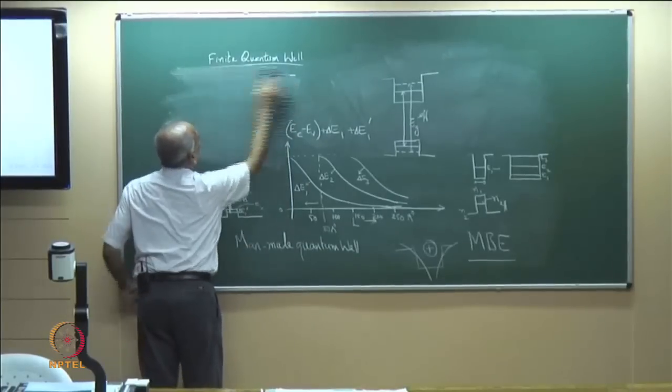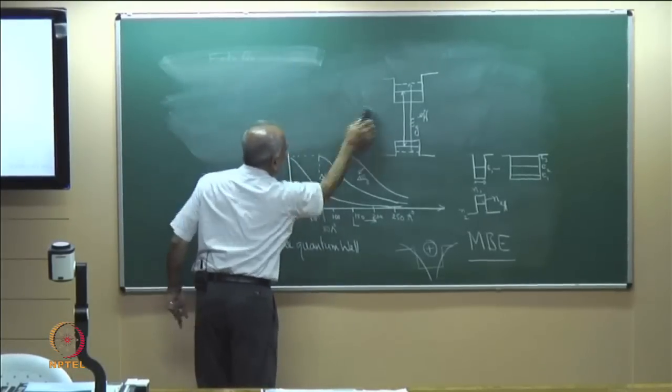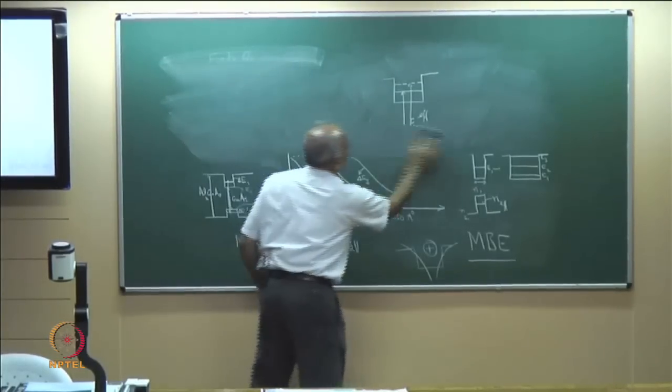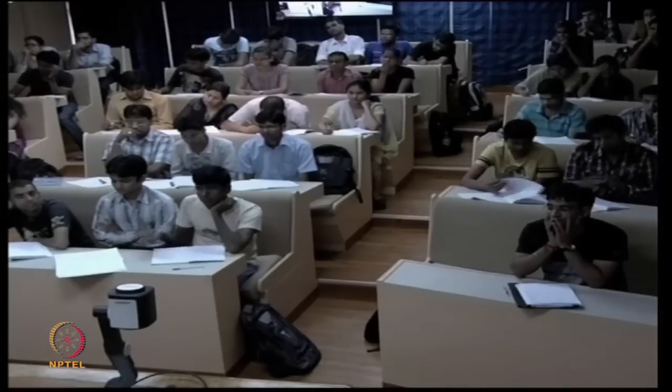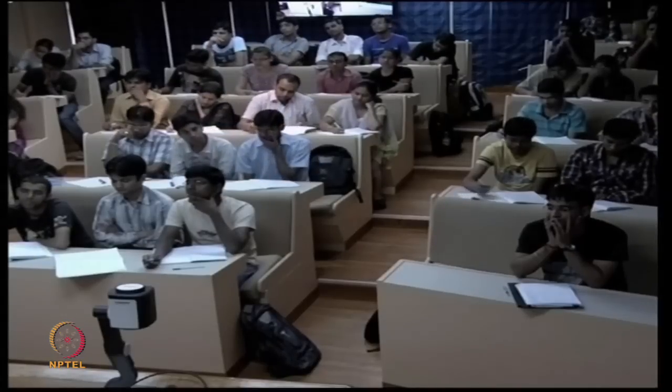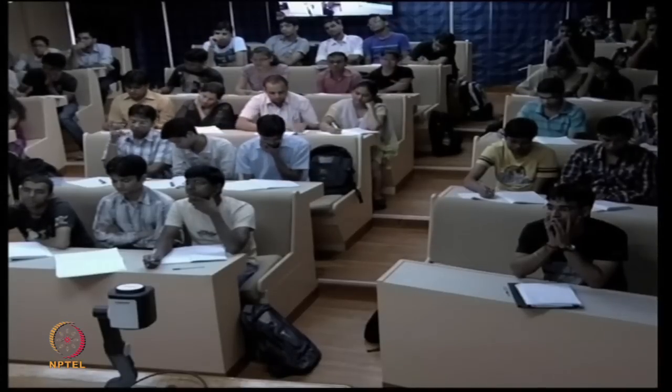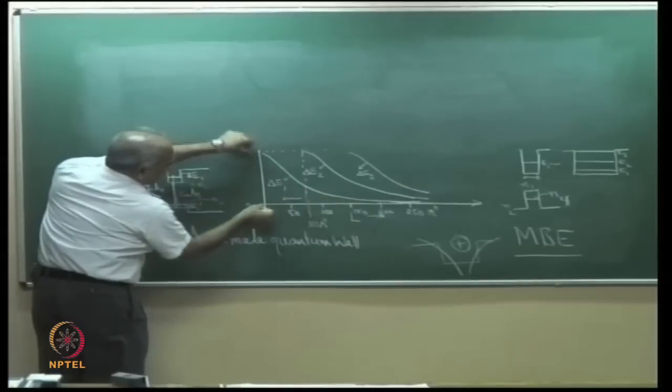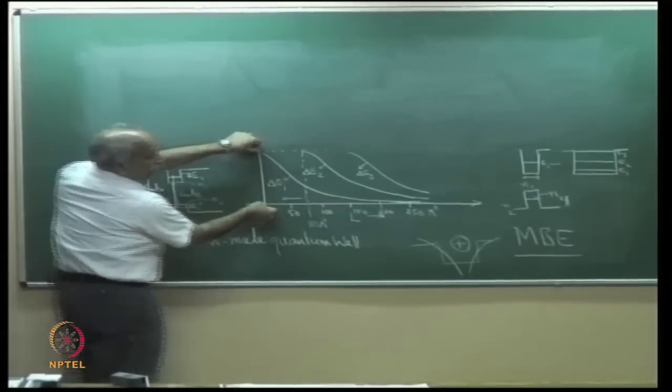You can take some numbers. What kind of change is this? Let me take an example just to get a feel: how much can I really tune? See, the maximum tuning possible of E1 is this region, that is the depth of the well.